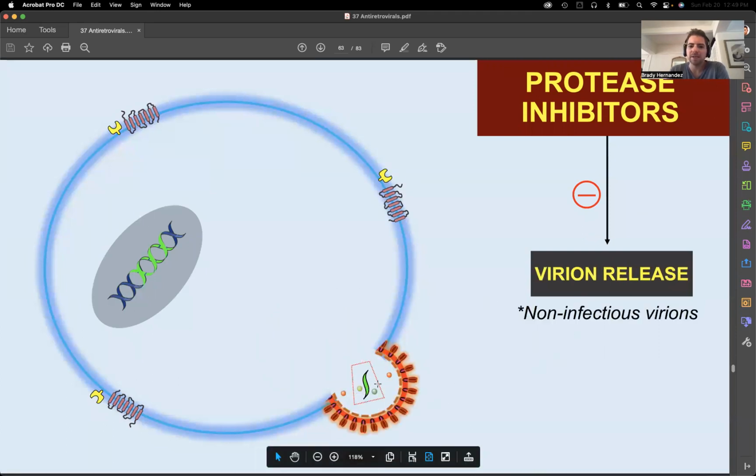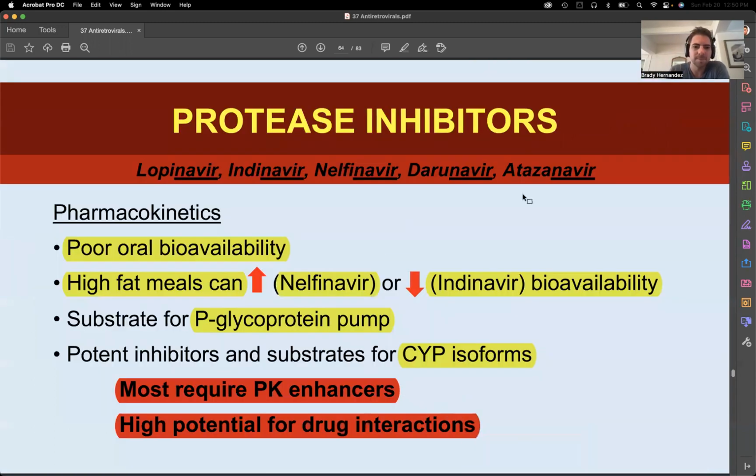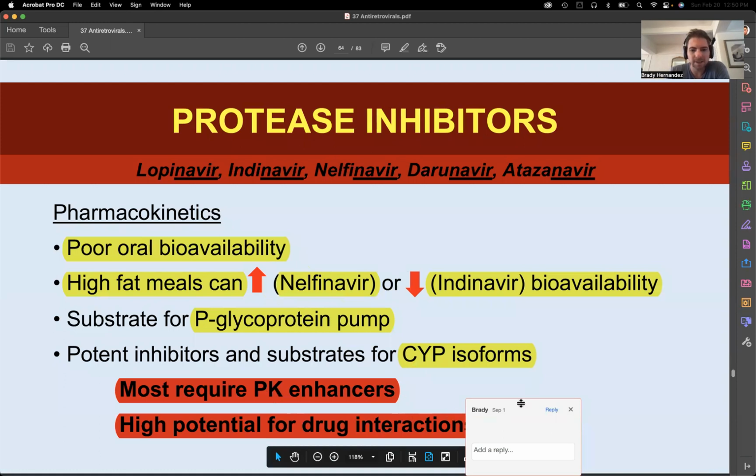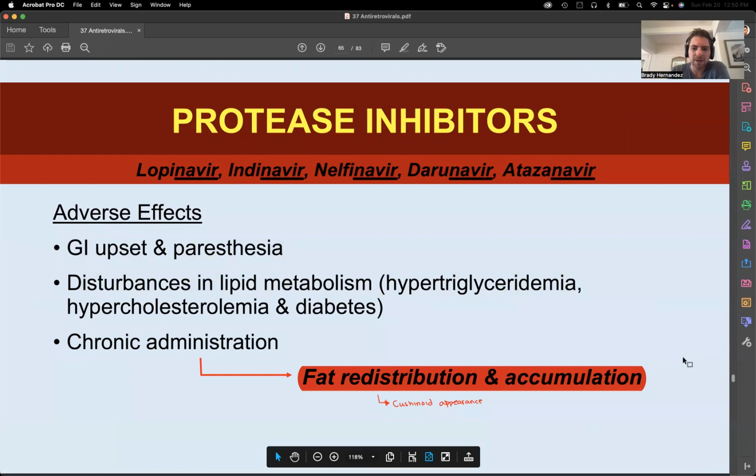And then once they're released, they're still in their individual components, or they're not able to compile into the proper virion or virus when it's released. Okay, so yeah, you can see that here. Most require these enhancers, which we'll talk about in a second. And they do have drug interactions, right?